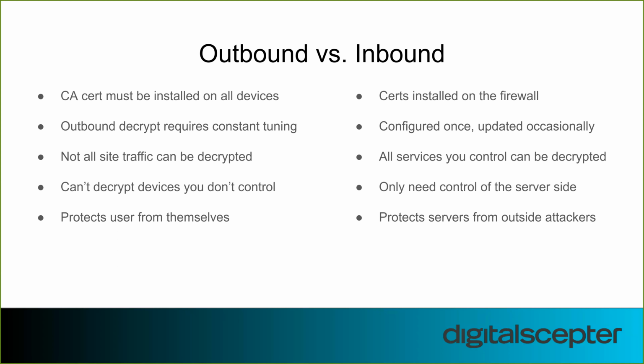Now, you'll get the occasional user who compromises their own machine, and then an attacker pivots from there to go somewhere else. But all of your servers that have public facing IPs or are NATed are constantly getting hit with attacks. If you've ever looked into the threat logs, you've seen those on the firewall. So inbound really has a great ROI because it's explicitly aimed at protecting those servers from outside attacks.